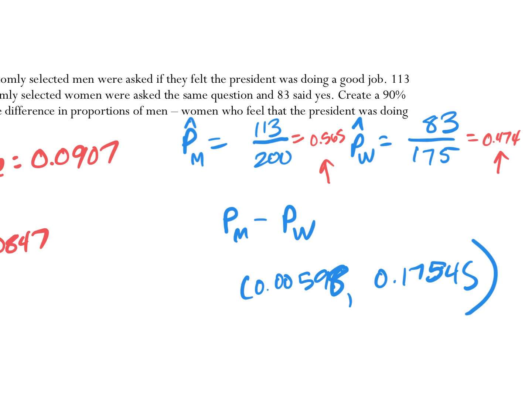That's what our samples suggest. Now, what do we know about our samples? They're not perfect. So we give ourselves this wiggle room.